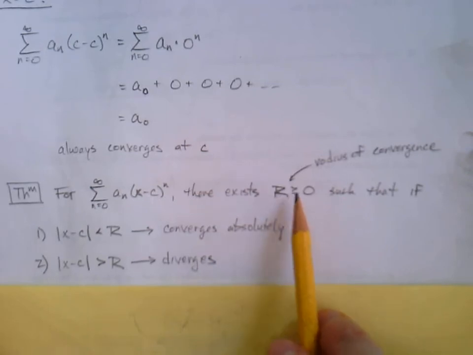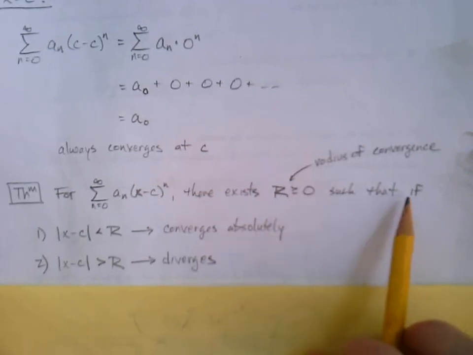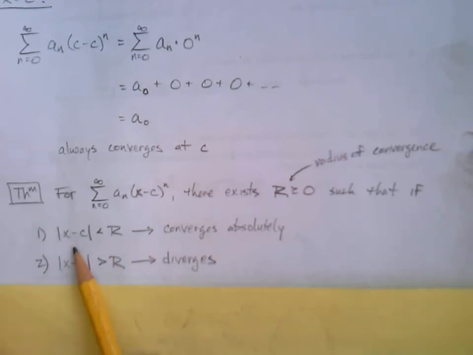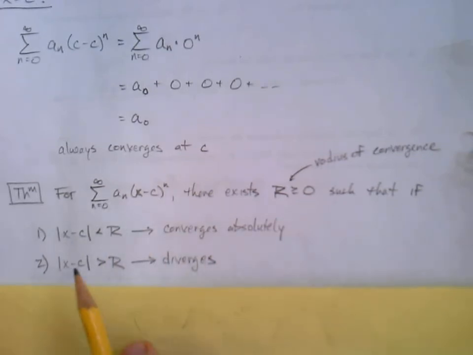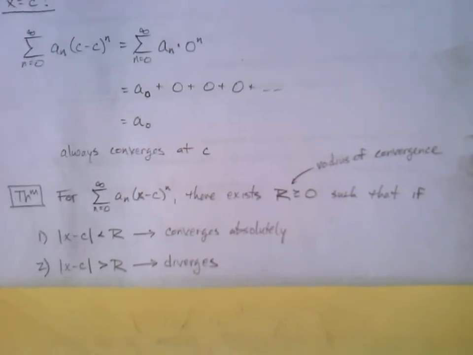There's a radius of convergence that's greater than or equal to 0, such that if the distance from x to c, otherwise known as the absolute value of x minus c, how far away you are from c in either direction, is less than your radius, then you are converging absolutely. Okay, so if you're inside your radius, you converge. But if the distance from x to c goes beyond r, if you move further away than your radius of convergence, then you diverge. And I've got a simple picture here for you.